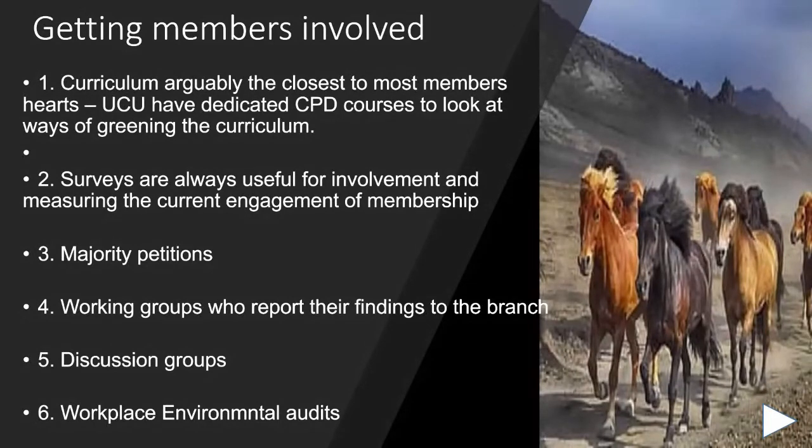Yeah, so this is about helping to spread the workload of the role of a green rep, because we don't want to overface anybody with too much. So this is about getting other people interested and engaged and involved in the strategy that the branch might want to pursue. So a working group would be like a smaller group of members where you can identify and discuss issues.